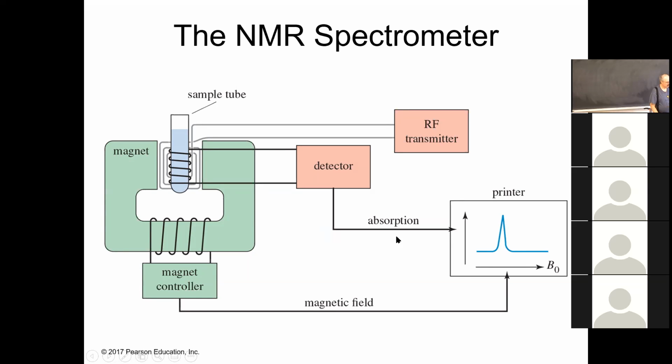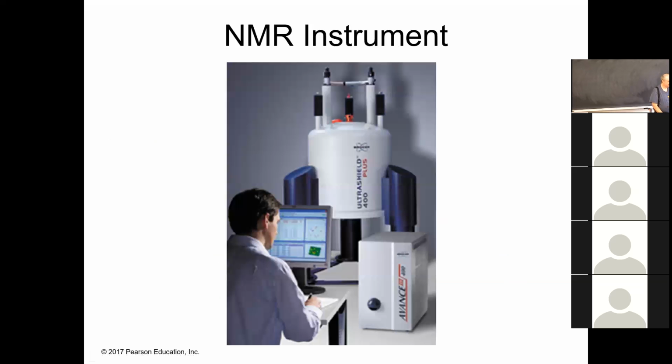And when there's absorption, then we see a peak. This is different from our instrument. We have a 90 megahertz instrument which uses a permanent magnet. This is one that uses a supercooled superconducting magnet.